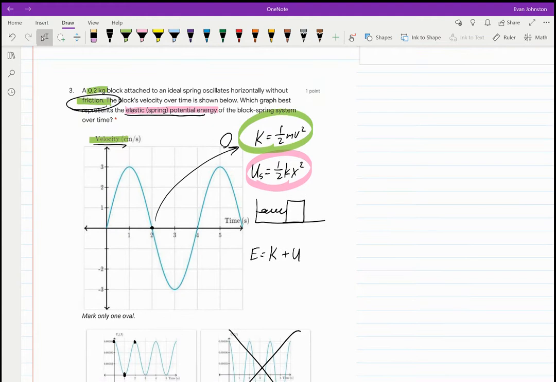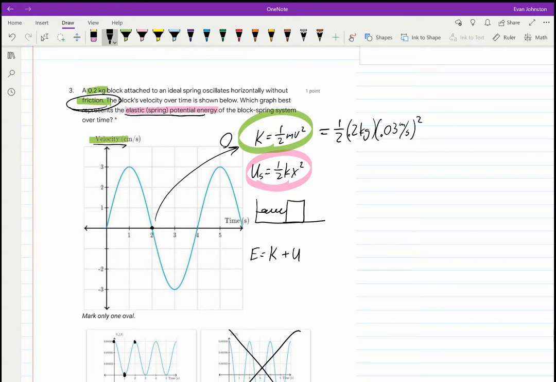Now, if you're a mathy person and you wanted to do the math on it, you could have plugged into this 1/2 mv squared and said, well, 1/2 times 0.2 kilograms, and then you would have had to take the maximum velocity of 3 centimeters per second, turn it into 0.03 meters per second, and then we square that, and we do 0.5 times our 0.2 times 0.03 squared, and I end up getting a really tiny number.